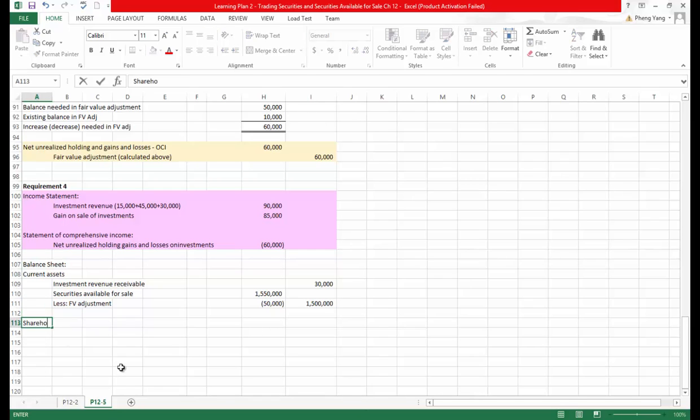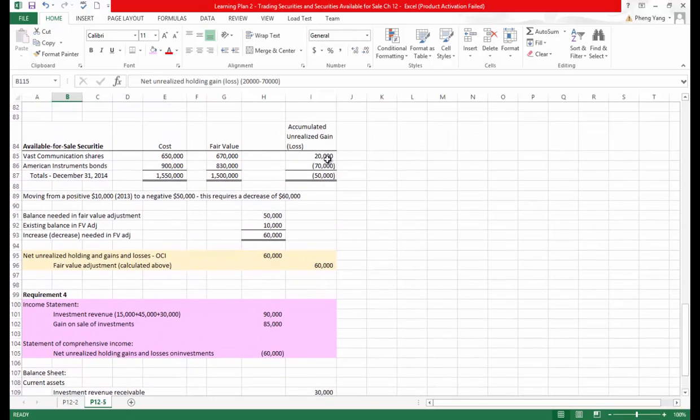And then for the shareholders' equity, we've got the accumulated other comprehensive income, which is the net unrealized holding gains and losses, which is basically that 20,000 minus the 70, of the 50,000, which was calculated here.